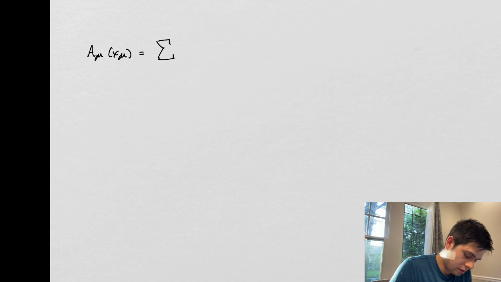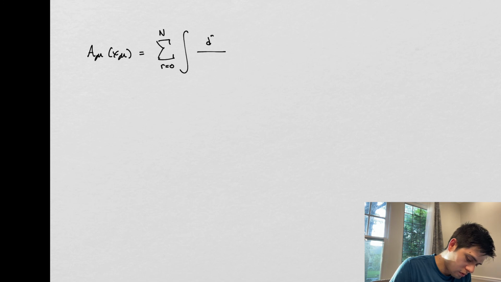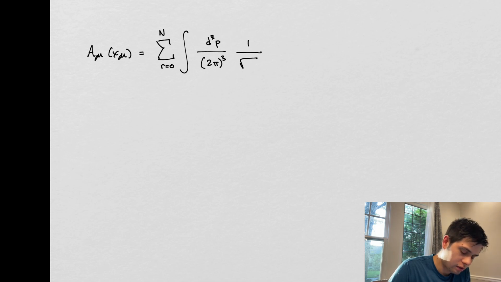So we're labeling our polarizations with r, going to N. And then we have an integral, and we sum over all possible plane waves with their various momenta. We have this normalization factor, and then here we go.